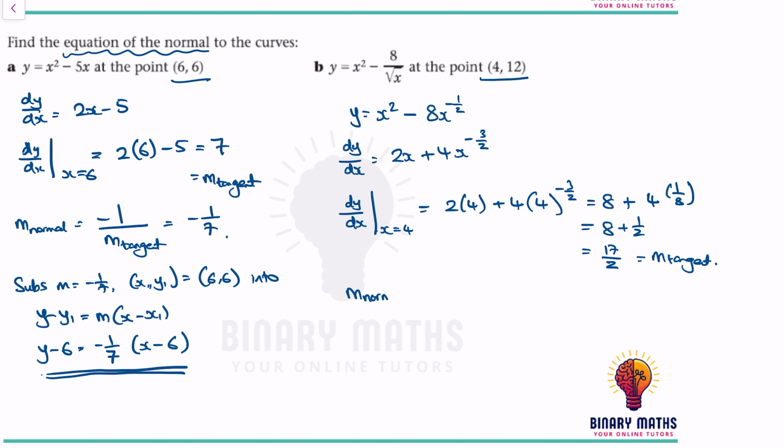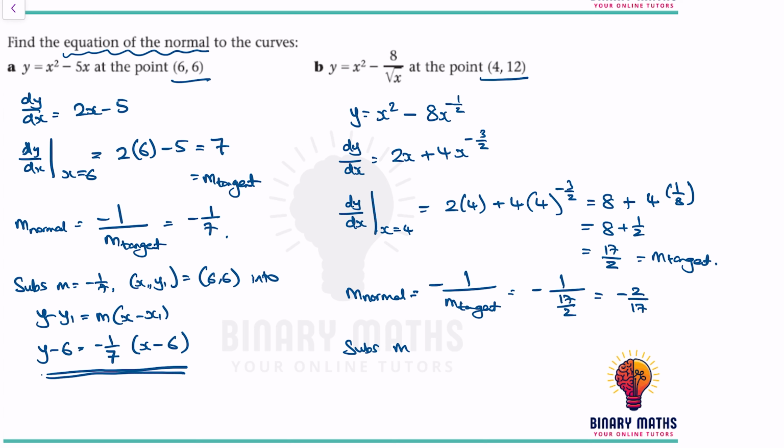Gradient of normal is equal to minus 1 over the gradient of the tangent, which is negative 1 over 17 over 2, which is equal to negative 2 over 17.